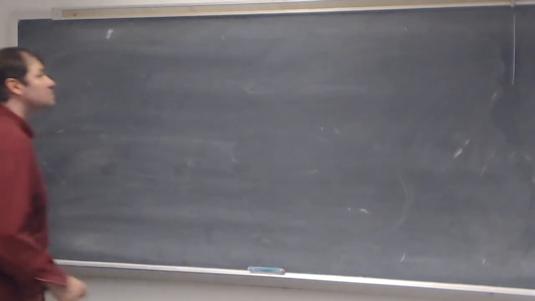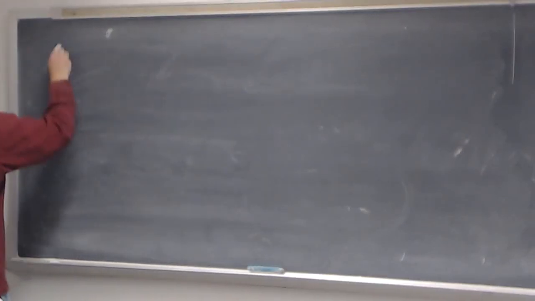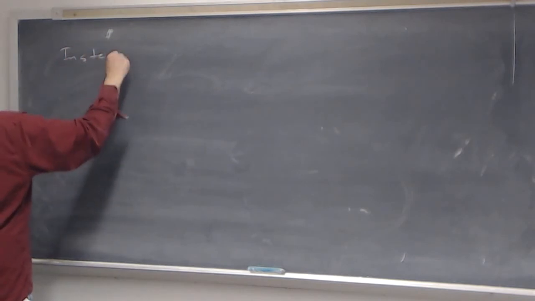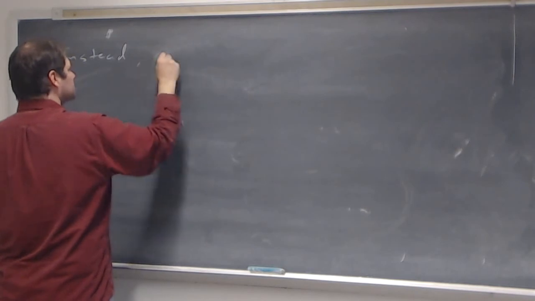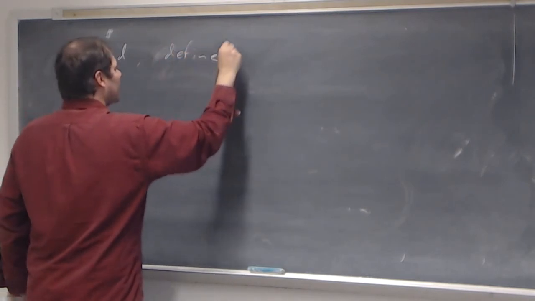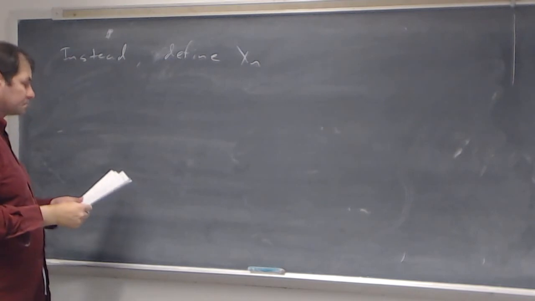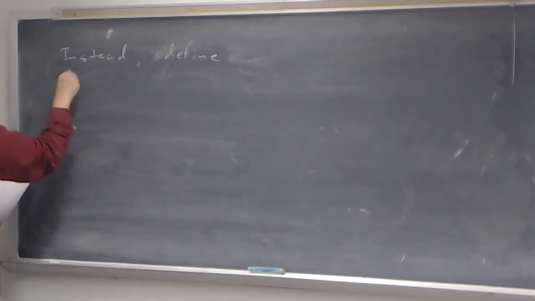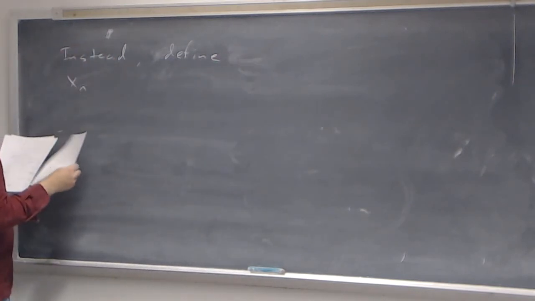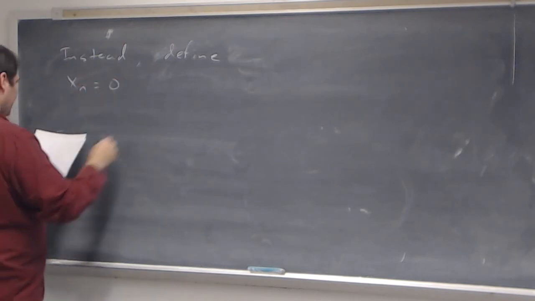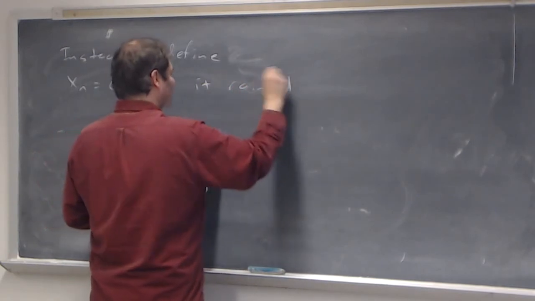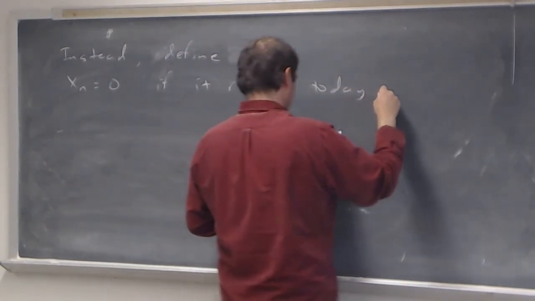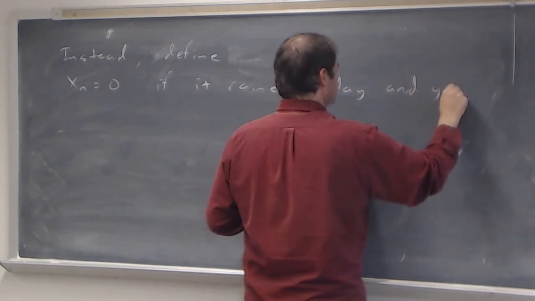Now, here's what we can do. Instead, to represent this situation, define x sub n to be equal to 0 if it rained today and yesterday.